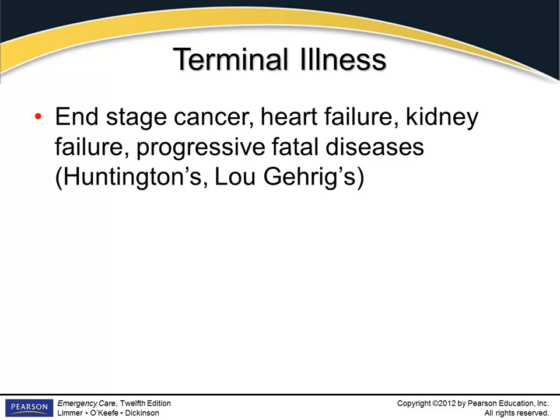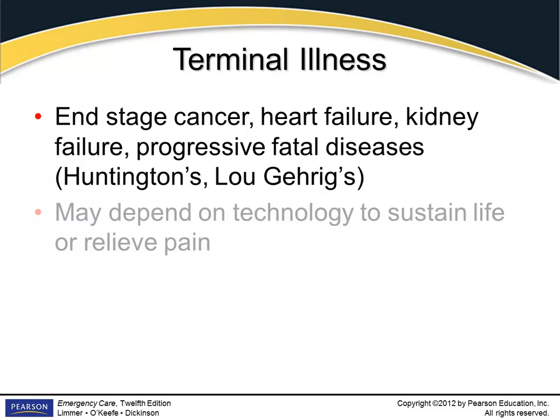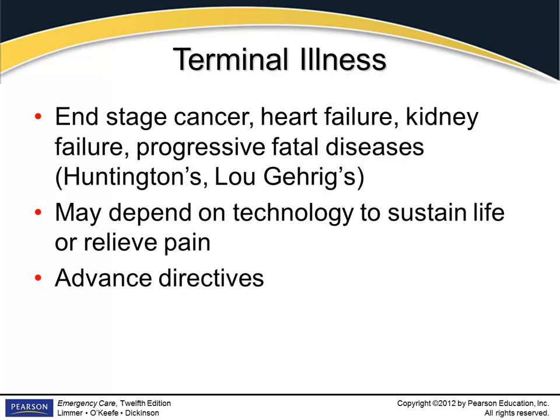Remember we were talking the other day about end stage kidney disease, Huntington's, things of that sort. So you're going to have patients with those. Plus you're going to have patients that are dependent on technology. Ventilators, young children on ventilators you may see, even elderly patients on ventilators.